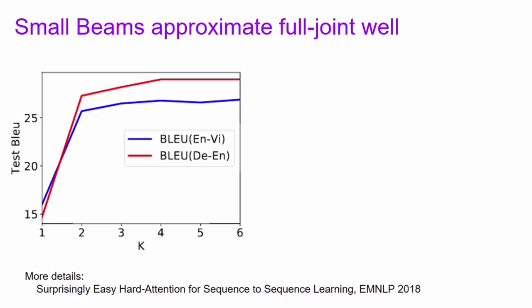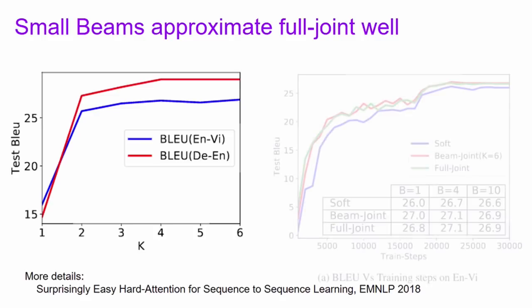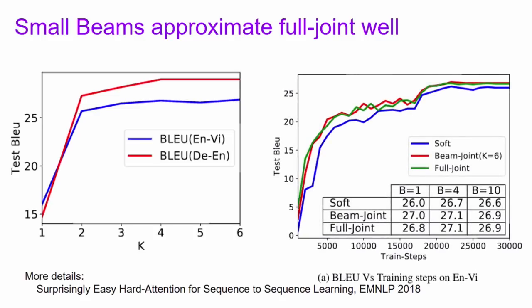But around 4, you get very close to 6, which is what we had selected for our experiments, and the accuracy saturates. And for an easy task where we are able to actually do the exact full joint computation, we find that beam joint is very close to full joint.